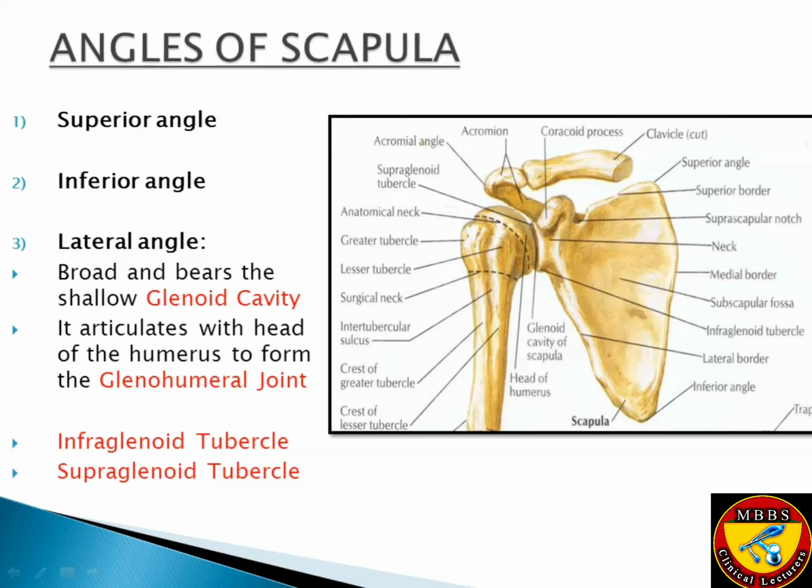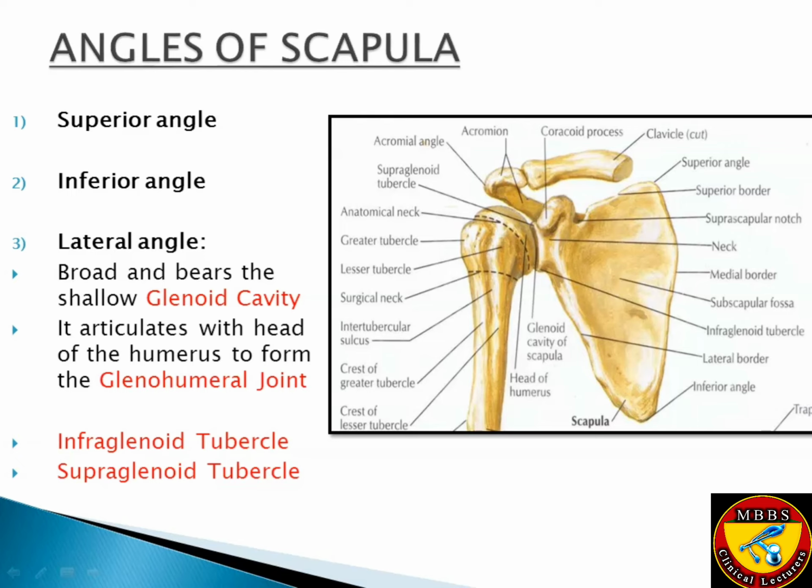So just above the glenoid cavity, there is a tubercle called the supraglenoid tubercle. Similarly, below the glenoid cavity, there is an infraglenoid tubercle. Both these tubercles give attachment to the muscles of the upper limb.